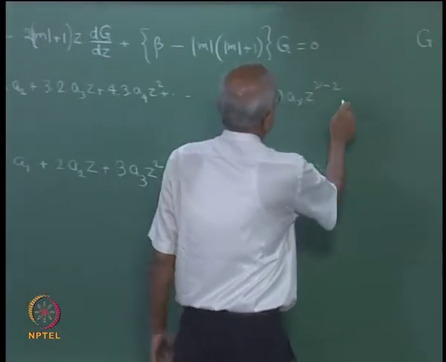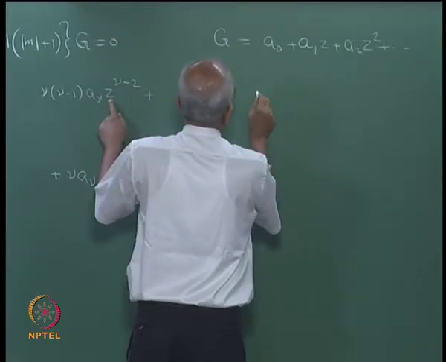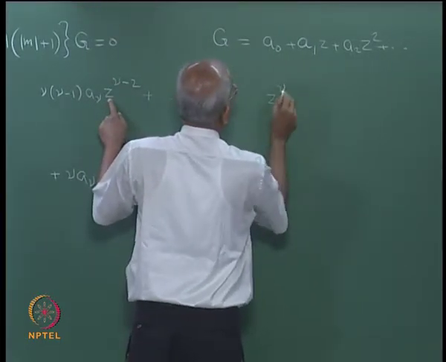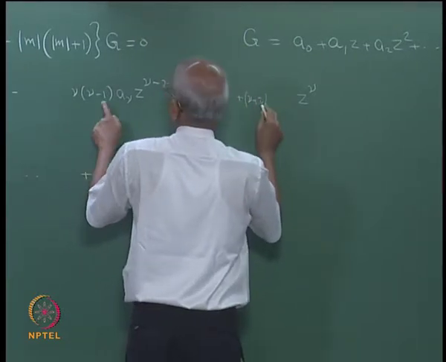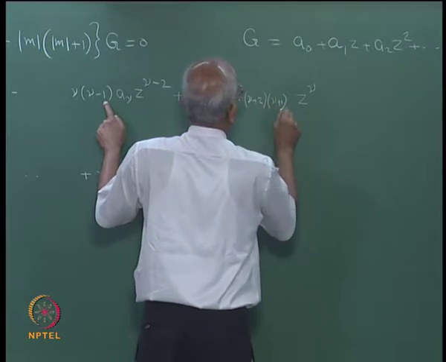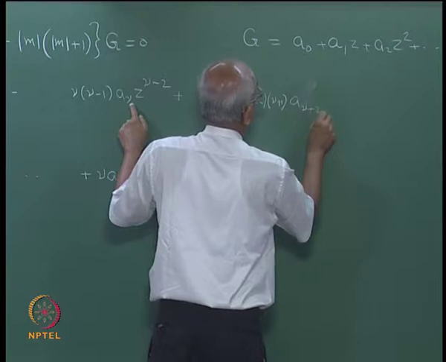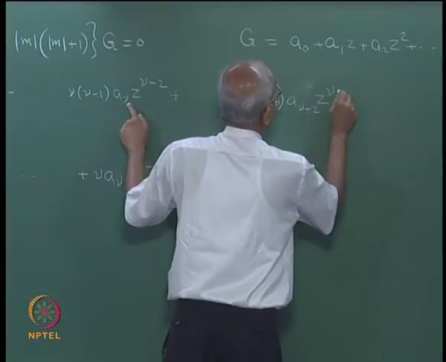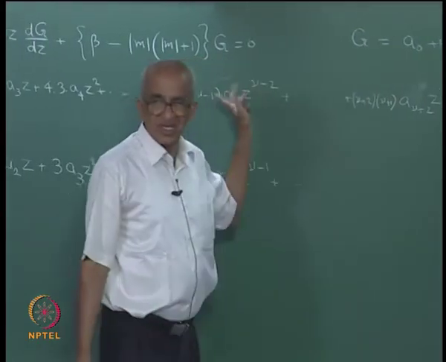I will also write the term which has z to the power of nu. What will that be? It is going to be nu plus 2 into nu plus 1 into A nu plus 2. There is one term in between which I have not written.